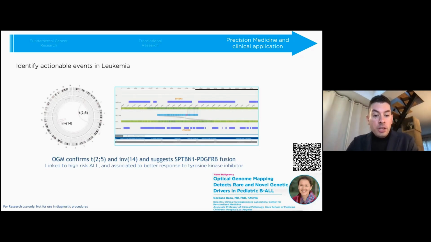And the interesting question is, why was it missed in the first place? Well, first of all, because the fusion of PDGFRB with this gene, SPTBN1, has never been described in ALL before, but only in very few cases of another hematological malignancy. And hence, it wasn't expected in this type of ALL, and this is why it was absent from their OncoKids panel.